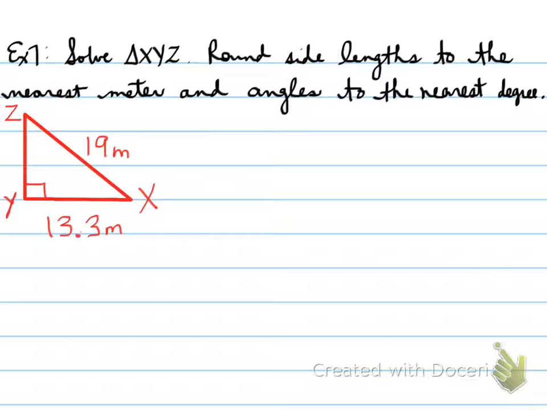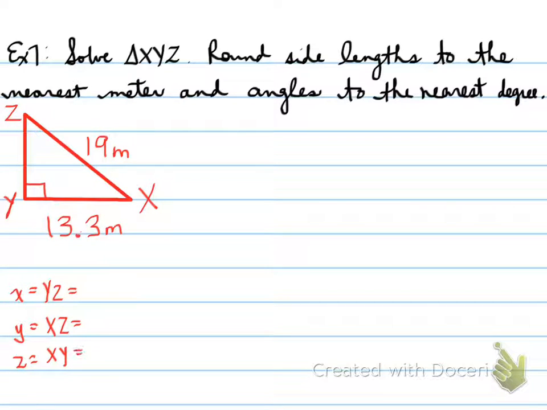Okay, so when you're asked to solve, you should automatically do the following. List all the sides, which are x, y, and z, little ones, remember? X is equivalent to yz, just in case you're not sure which one it is. Y is equal to xz, and finally z is equal to xy.